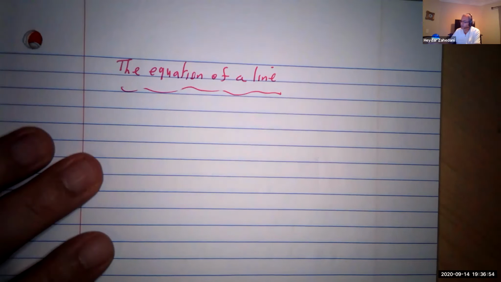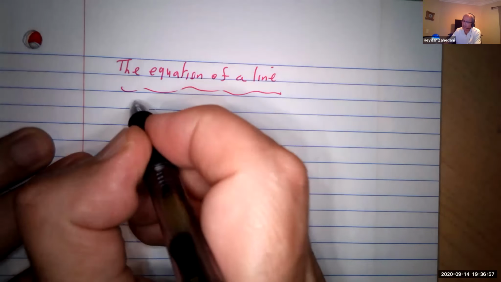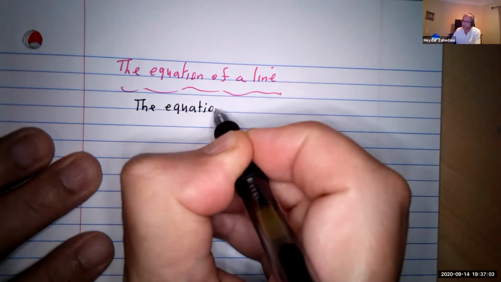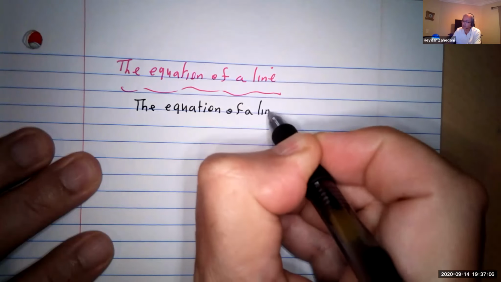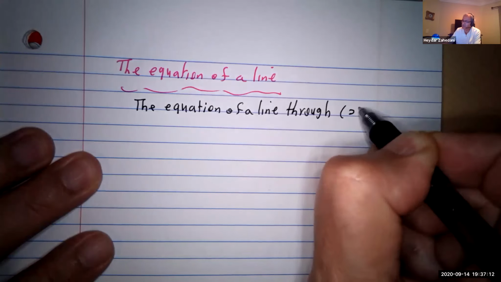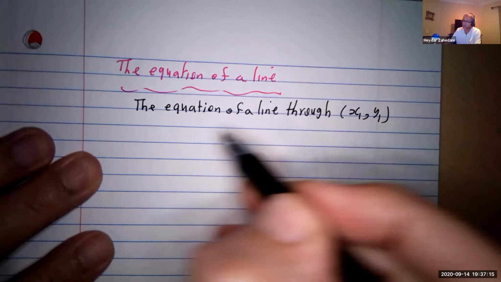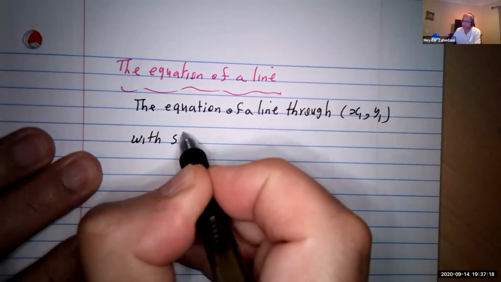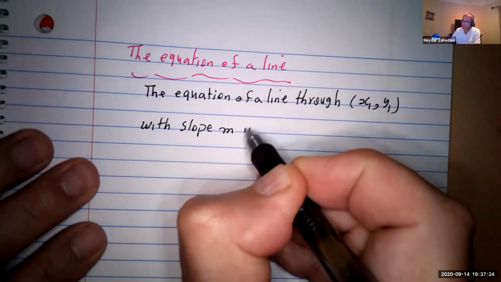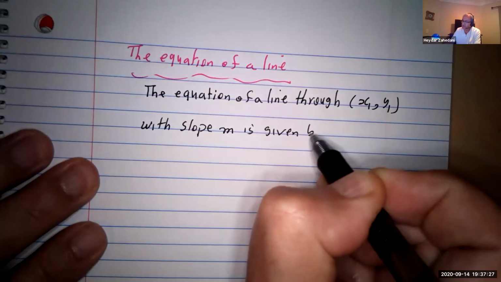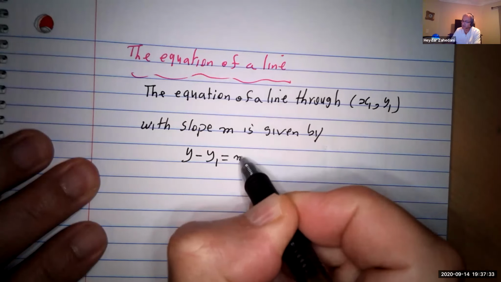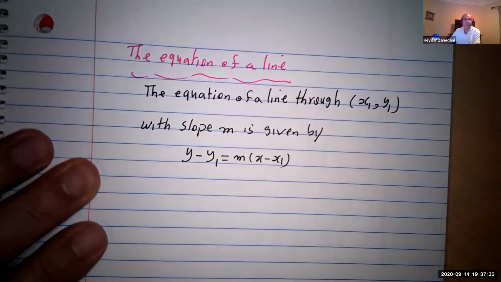And you know that the equation of a line through the point (x1, y1) with the slope m is given by y minus y1 equals m times x minus x1.